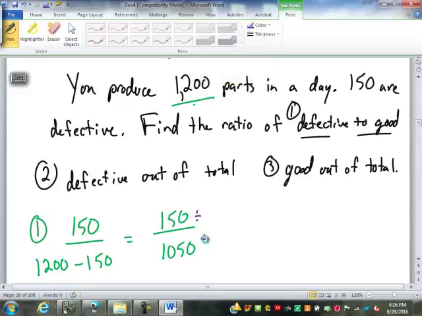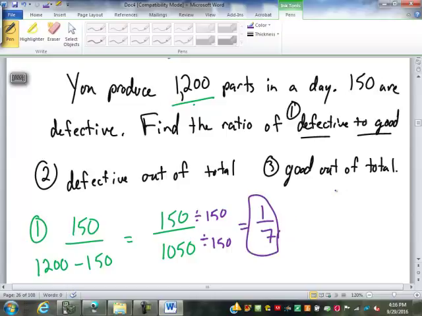Both of those can be divided by what? Don't be shy. 50? 150? Okay. We can divide both of those by 150. 150 divided by 150 is 1. 1,050 divided by 150 is 7.